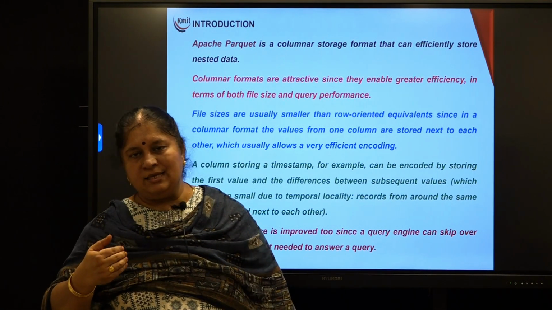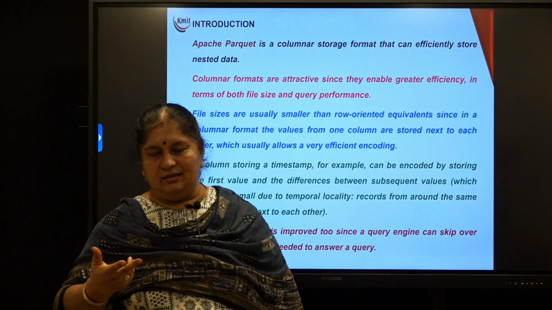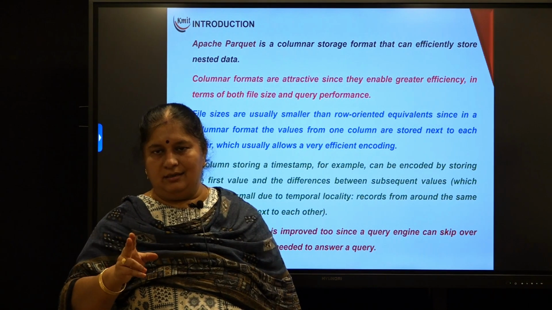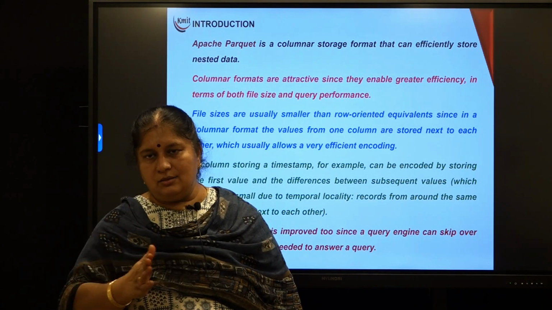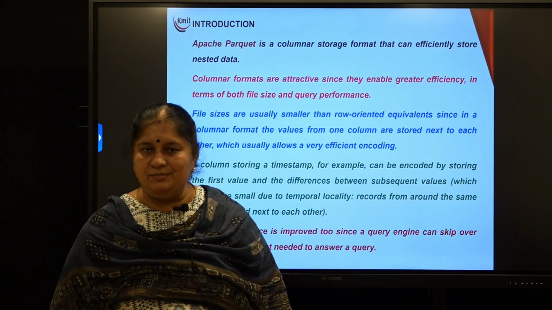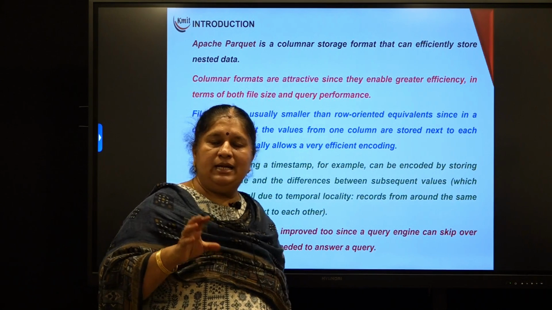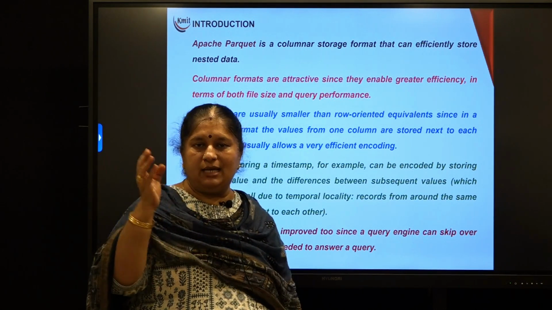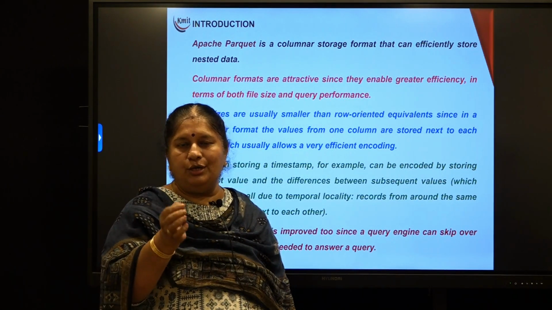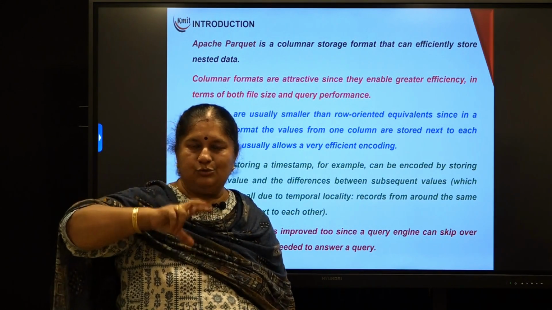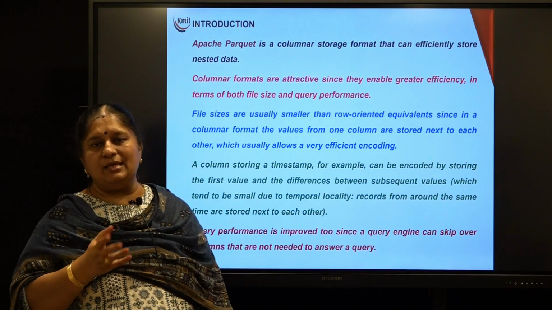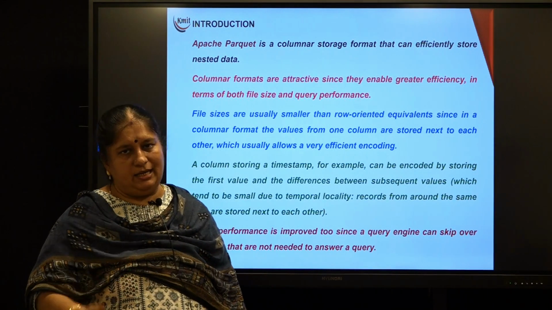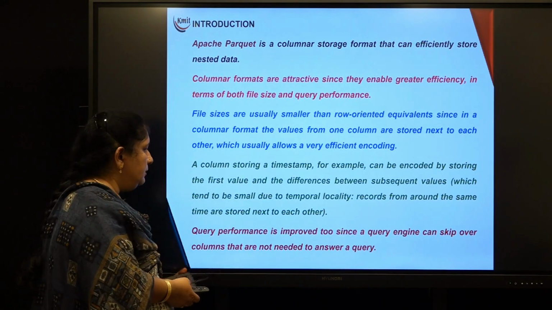Suppose the third person has submitted at 10:13. How do I write 13? So take the first person's timestamp, add the minutes, you are going to get the third person's timestamp. So you will not maintain the data completely again with hours and minutes, you are just going to see the delay between these two submissions and maintain it, wherein it will try to occupy less amount of space while maintaining the data, right?